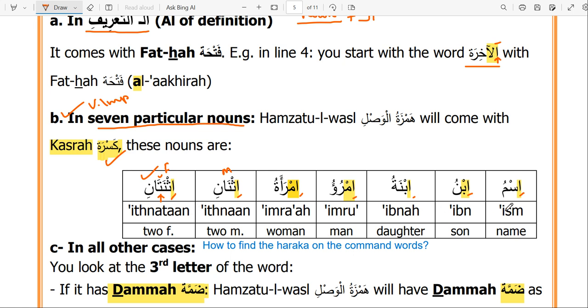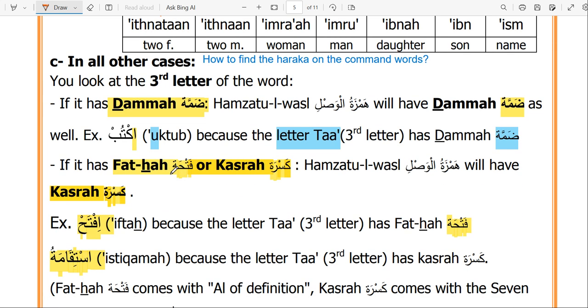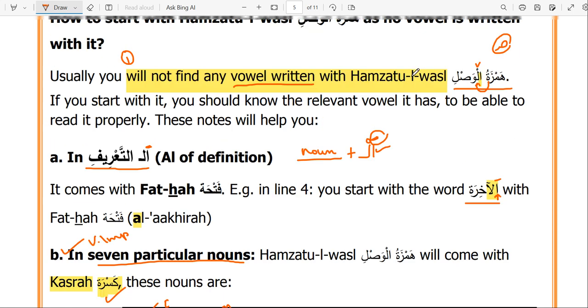And now we come to the command verbs. How do you find the harakas on the command words? All the command words in Arabic, except a few, start with this letter hamzatul wasl. And how do you read? Like right now we did, sometimes the hamzatul wasl starts with kasra.